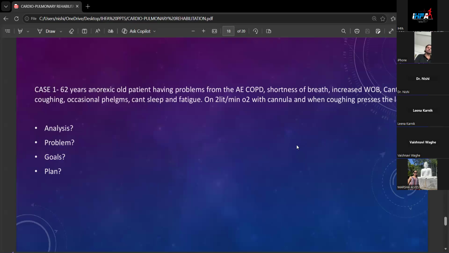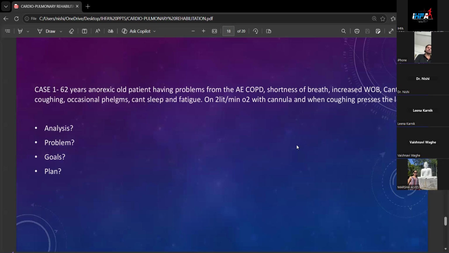Because of just occasional phlegm, but a lot of coughing. Coughing could be non-productive also. It's not compulsory. Occasional phlegms means they don't have too much cough production. I can just cough, but I cannot always have sputum, right?